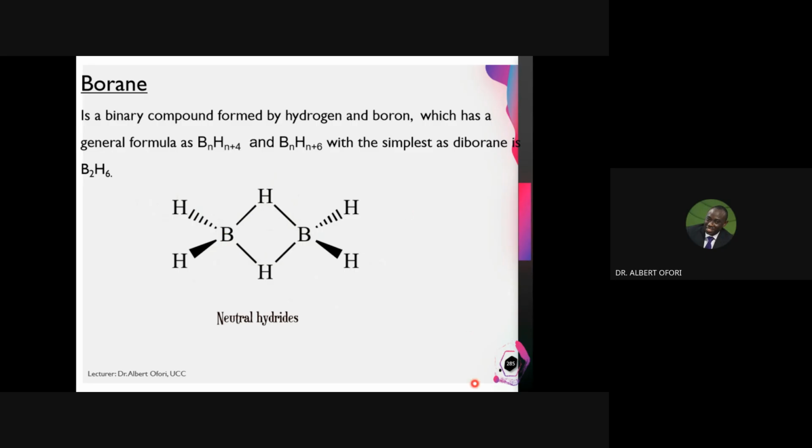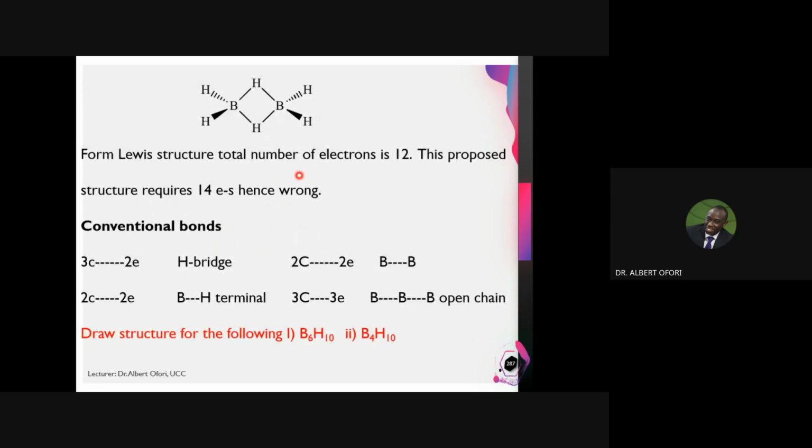So that's what I'm trying to, so I think I should use this one rather to explain. I thought I was showing that, but that is what I just mentioned. So with the bridge hydrogen there, it is 3 center, 2 electrons.